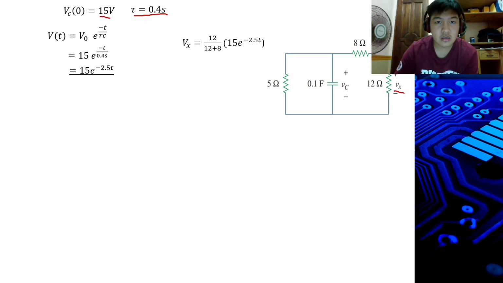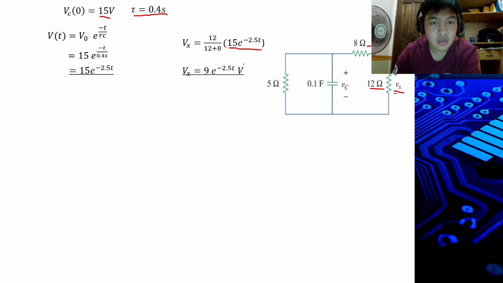So Vx equals, using voltage divider, we can solve for the Vx, which is 12 ohms over 12 ohms plus 8 ohms, times 15 E raised to negative 2.5 T. Vx is equal to 9 E raised to negative 2.5 T volts.